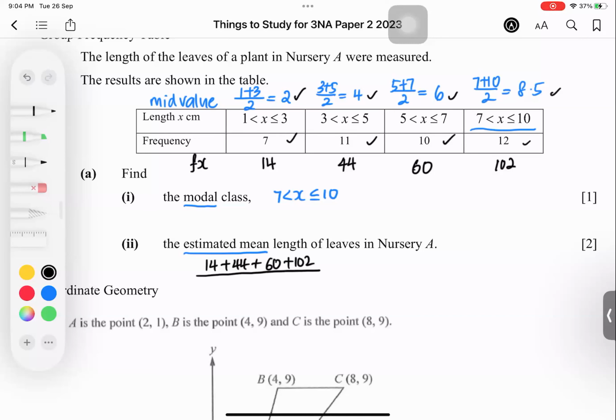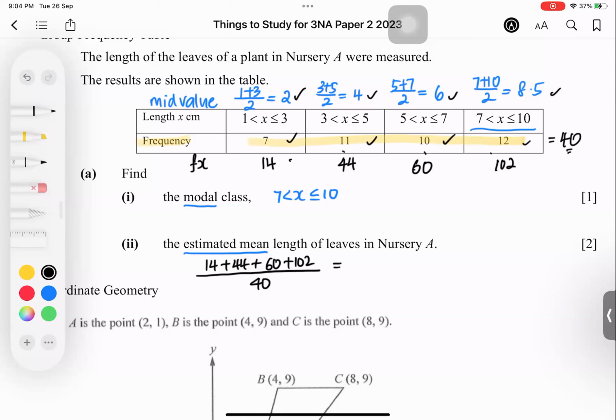Divide by my total frequency. Total means 7 plus 11 plus 10 plus 12 equal to 40. So divide by 40. Some students will tell me, oh, Cher, got 1, 2, 3, 4, then divide by 4. Not correct, divide by the total frequency.